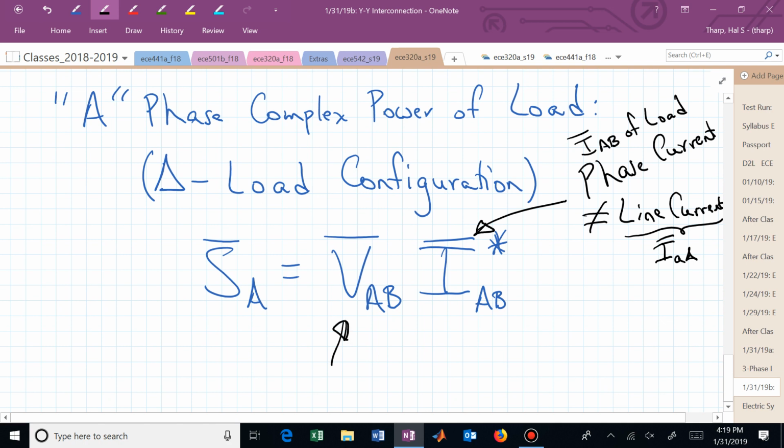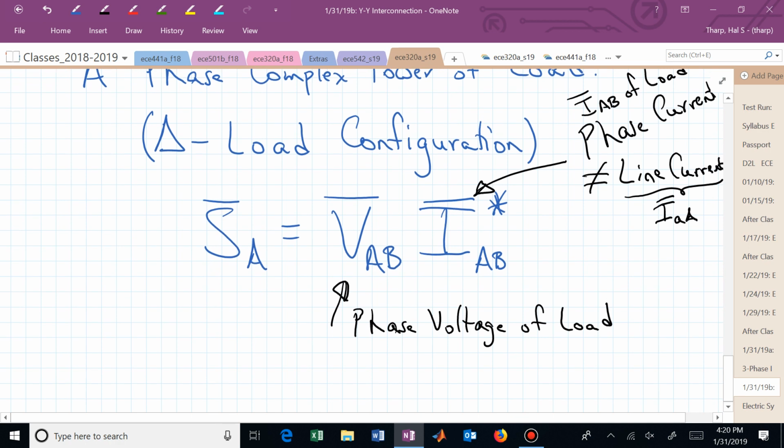Well, to be in this formula, it has to be the phase voltage of the load. And that, in this configuration, is in fact the line voltage.